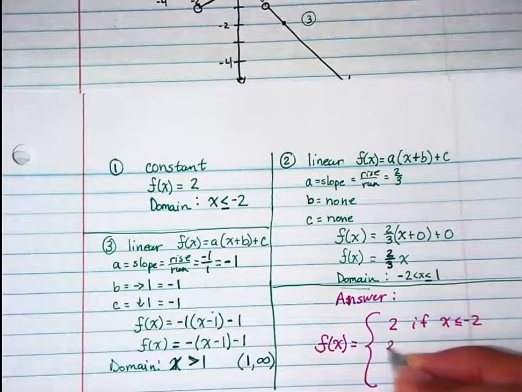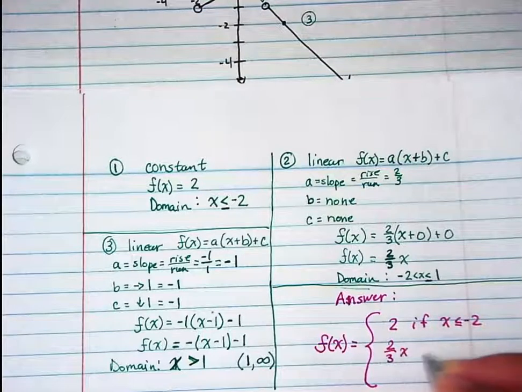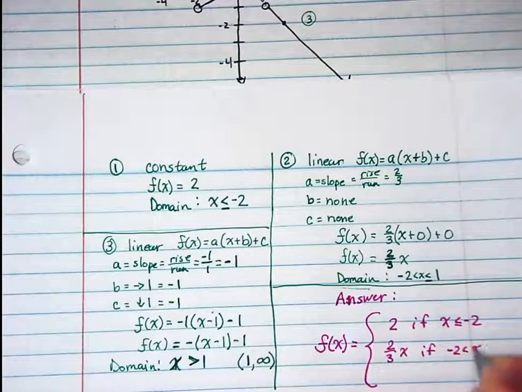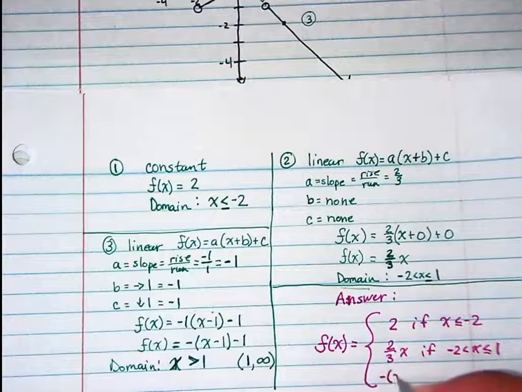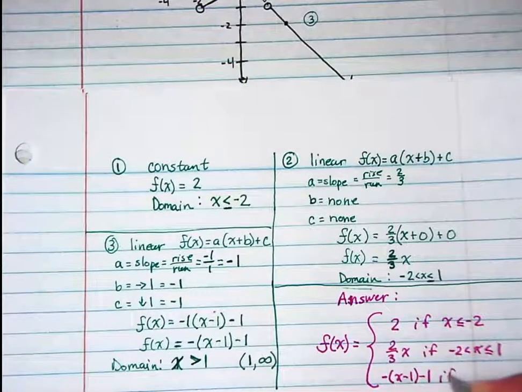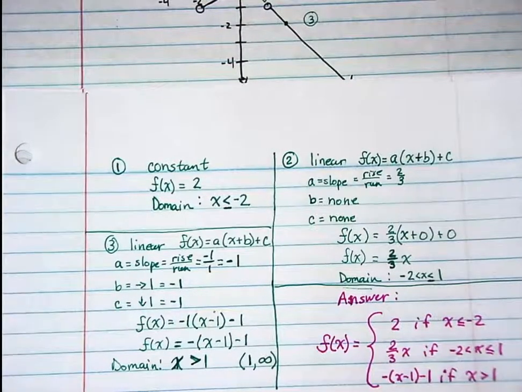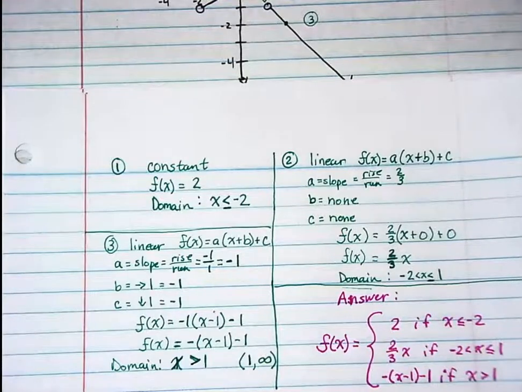We'll say 2/3 x if x is between -2 and 1, sorry. And then our last one is what we just wrote down, -x minus 1 if x is greater than 1. And that's it, guys. We found our answer.